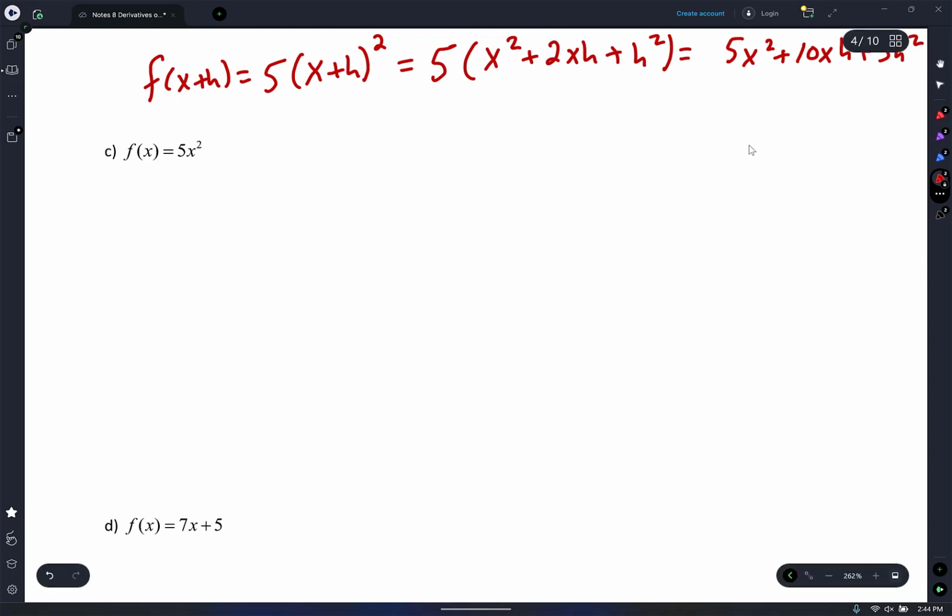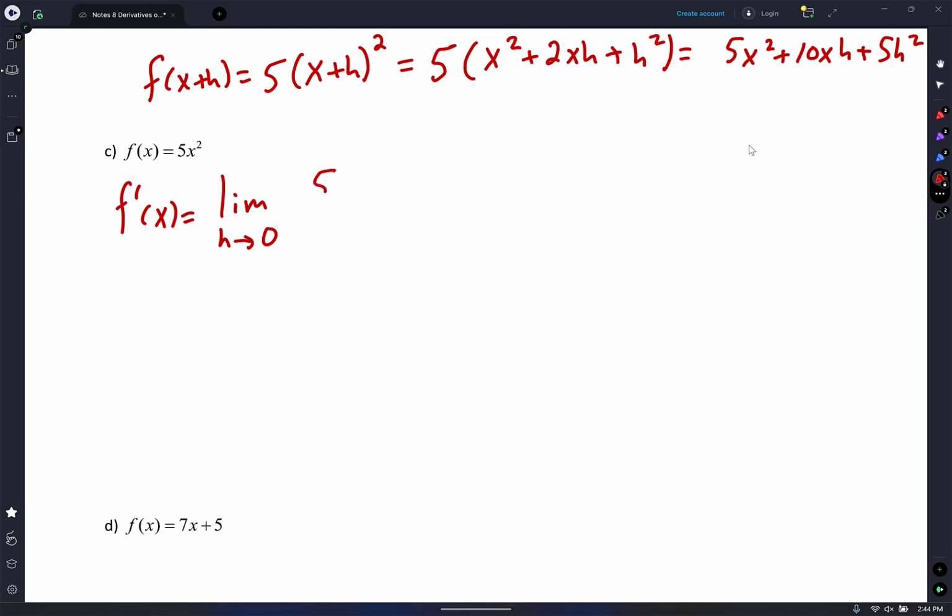Are we ready? Here we go. F prime of x is equal to the limit as h approaches what? 0. And then I write this expression out. 5x squared plus 10xh plus 5h squared minus, what's f of x? And all this is over h.